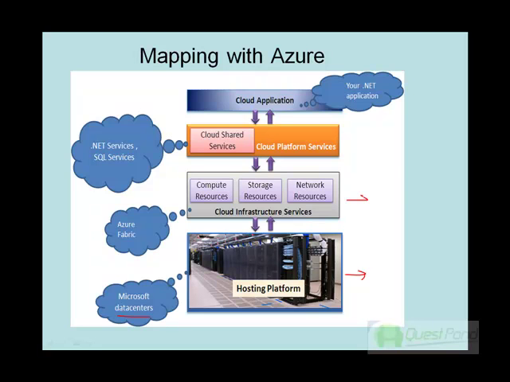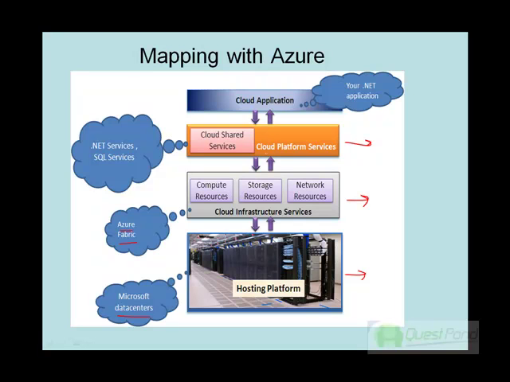The second layer is termed Azure Fabric. In other words, the Azure Fabric is the cloud infrastructure services, so they help to monitor the compute, storage, and network. The third layer, the cloud platform services, are software services provided by Microsoft, and these software services can be used by Azure applications on a pay-per-use model.